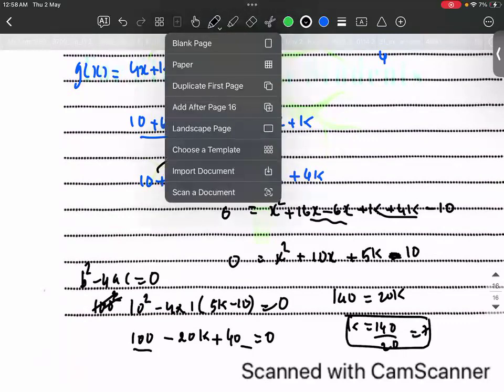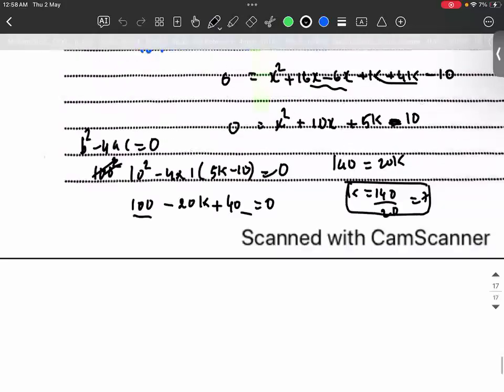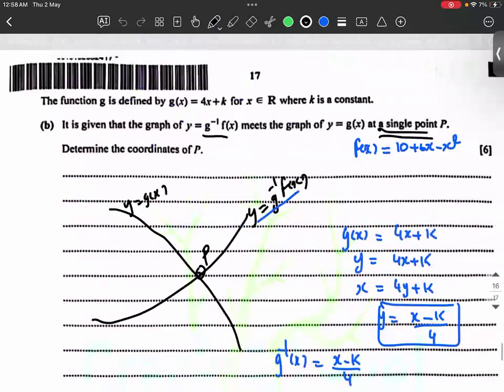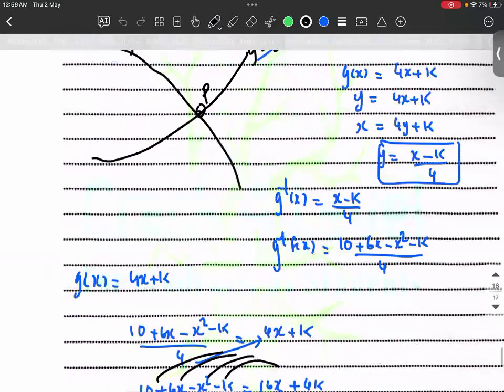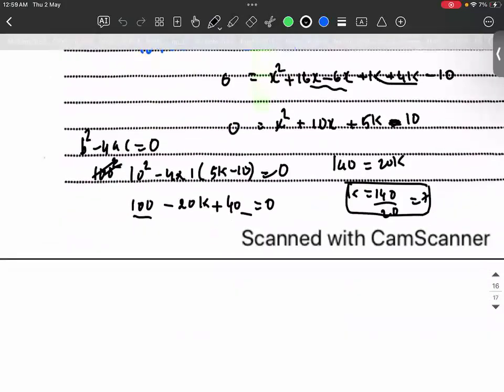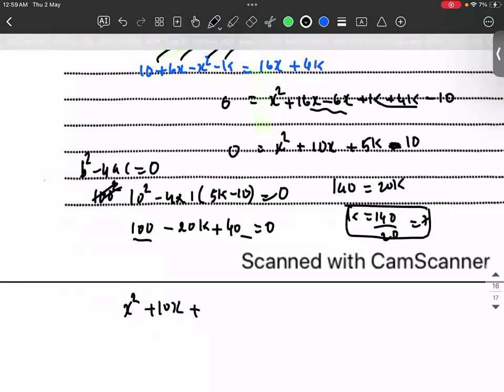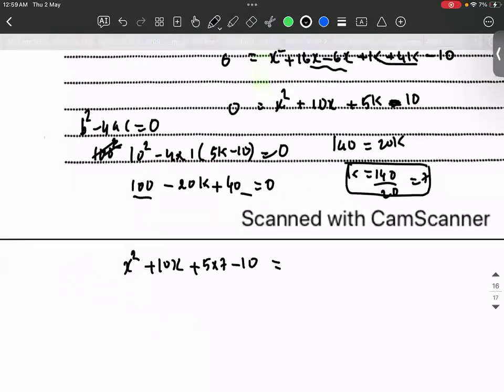This will help us get a complete idea, because they're asking us to find the coordinate of this point P. How can we find this coordinate? It's very simple. We can substitute this k as 7 back in this equation. So x square plus 10x plus 5 times 7 minus 10 is equal to 0.